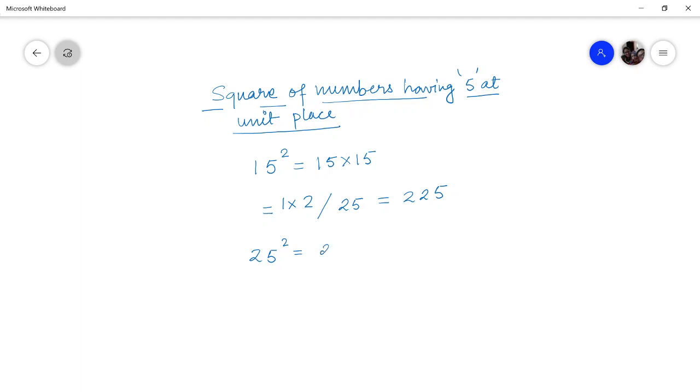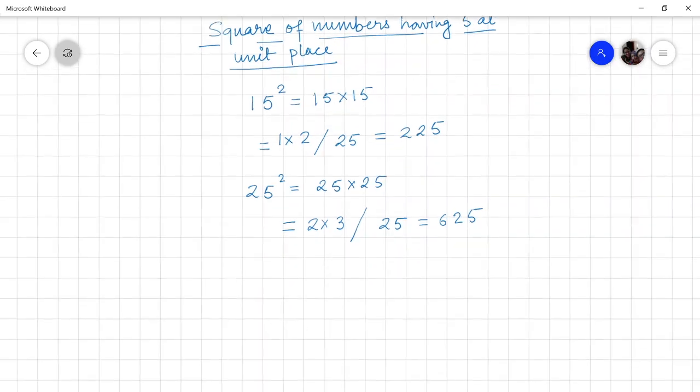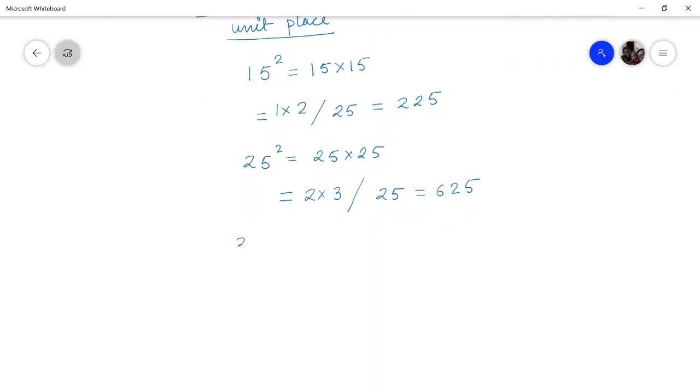So this is 25 into 25. What you will be doing is squaring 5, that is 25, and then multiplying with the tens place number and 1 more, that is 2 plus 1 is 3. So this will be 625. Let us say you want to square 35, that is 35 into 35.